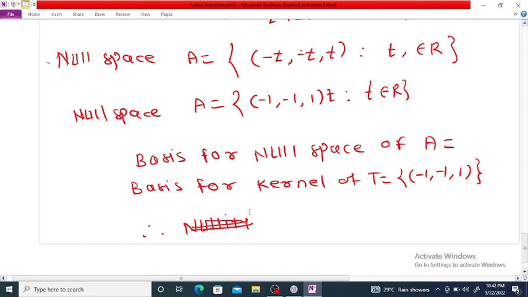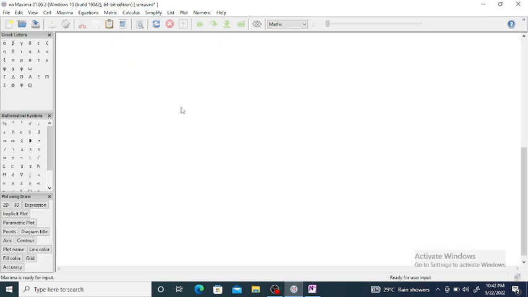So now you can use Maxima also to find the null space of A. For that you have to enter your matrix in Maxima first.